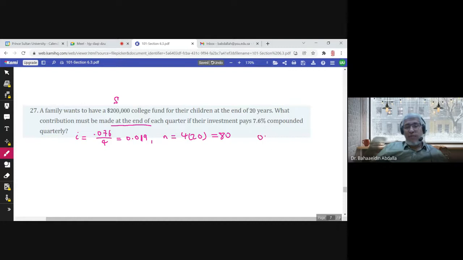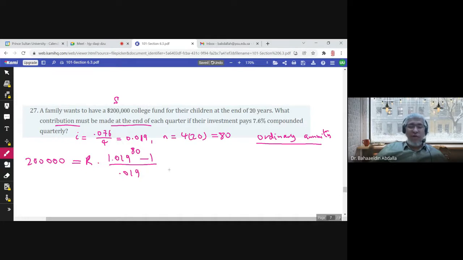So the formula S, which is 200,000, he is asking about the contribution, the deposit. So R is unknown here. 1 plus I, so 1.019 to the power n, which is 80, minus 1 over 0.019.